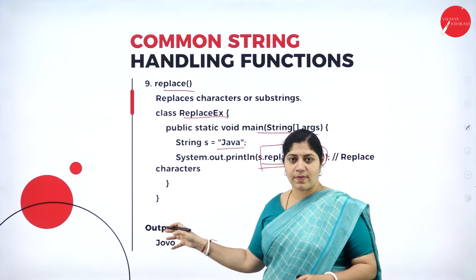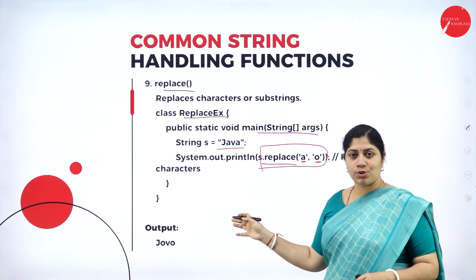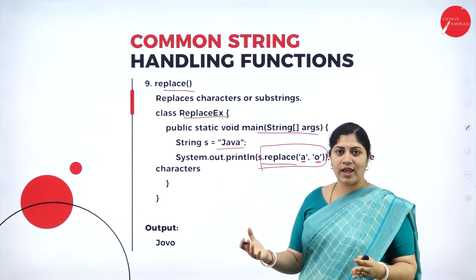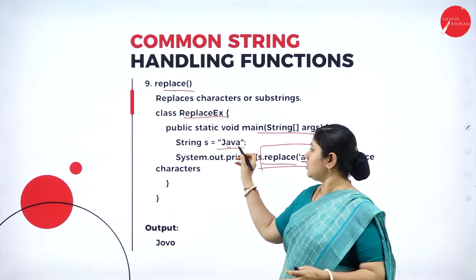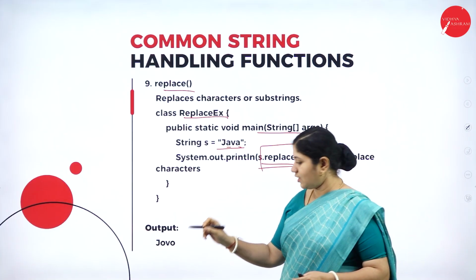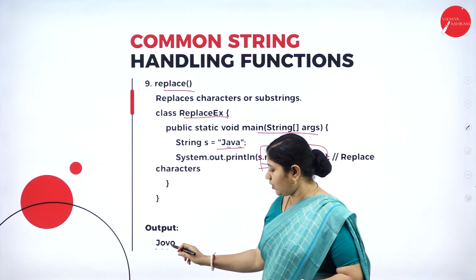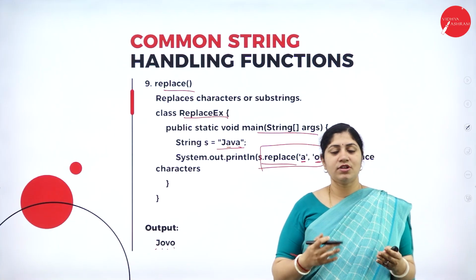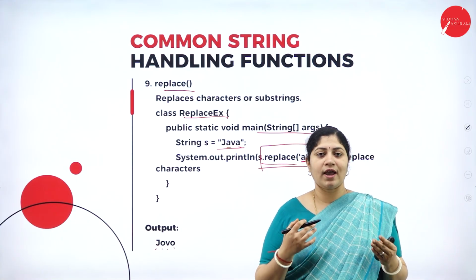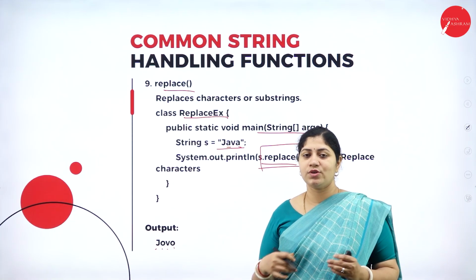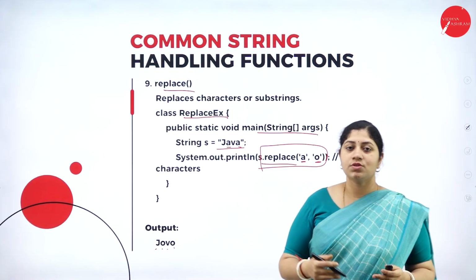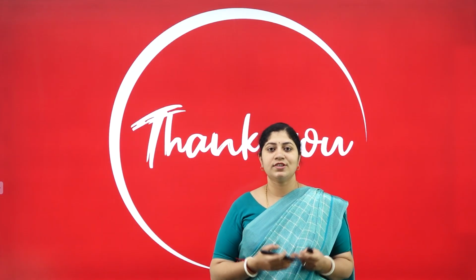Let's close the parenthesis, and after execution of this code, what output should we get? Yes, the a is replaced with o. Let's see the output: J-o-v-o. Yeah, correct. So that's the output we had requested, and after execution, that's the same thing we have got. So this was all about today's session. Thank you.